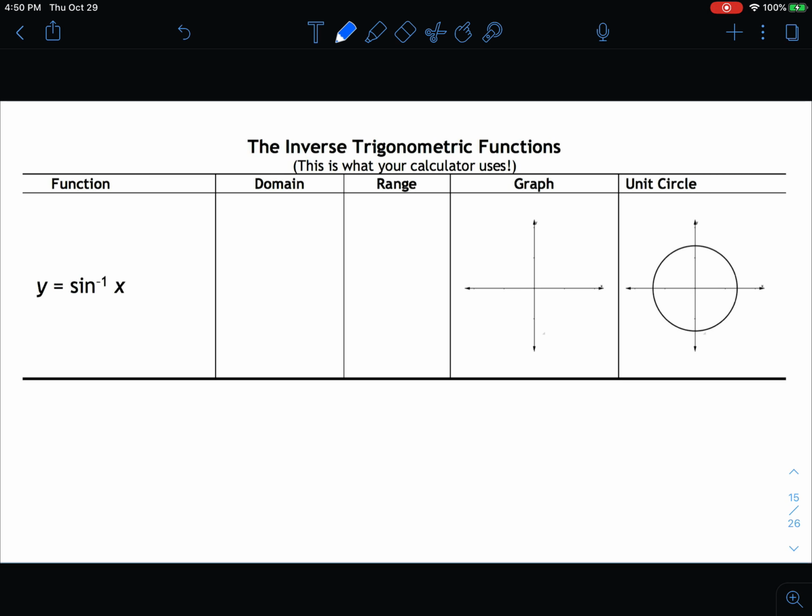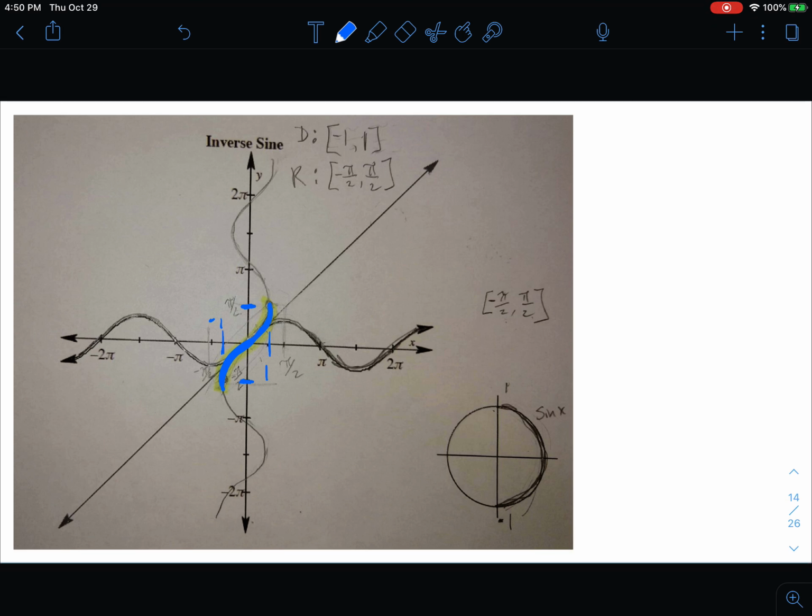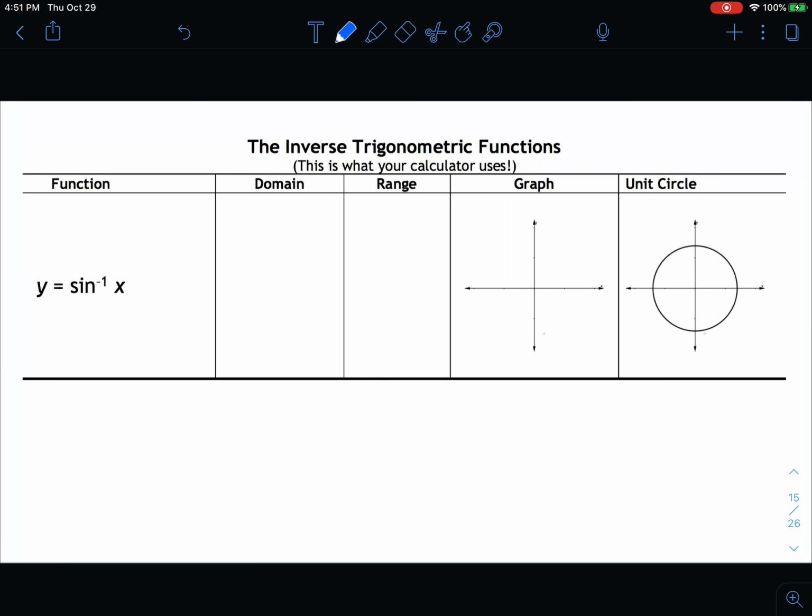Now, when you use your calculator and type in inverse sine, it is only going to give you outputs between these values, because it's only dealing with this little part of the curve in blue. So for the inverse sine, our domain is from -1 to 1, and the range is from -pi/2 to pi/2.